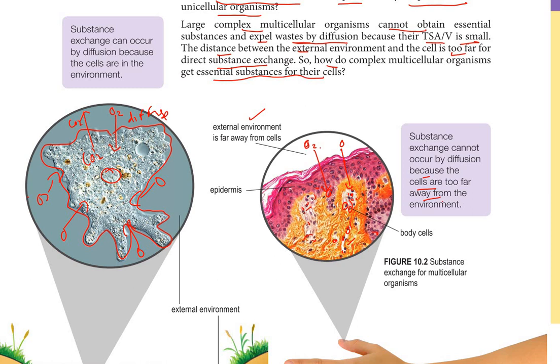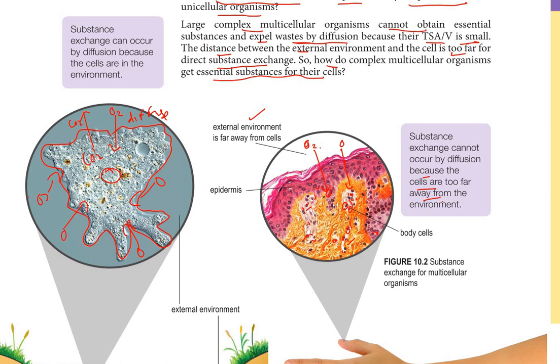But what about the cells inside the body? We have millions of cells, and they all need oxygen. It's impossible for oxygen to just diffuse into our body to reach every cell. So that's why we need a transport system.